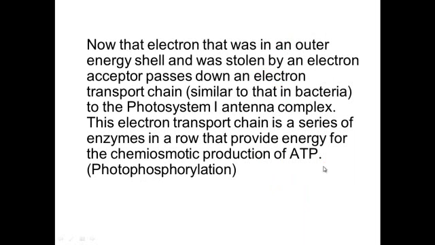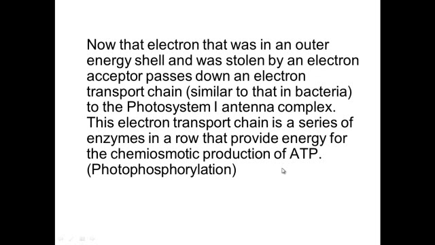Now, whatever happened to that electron that was lost? Well, it's going to go down through an electron transport chain. An electron transport chain is a series of enzymes that are one right after another in the thylakoid membrane. Remember the thylakoid, the portion of the chloroplast?